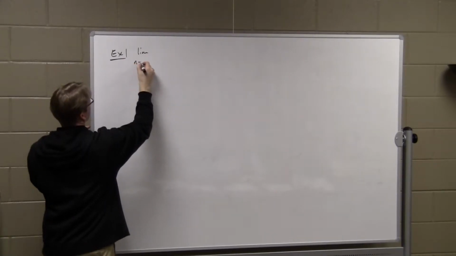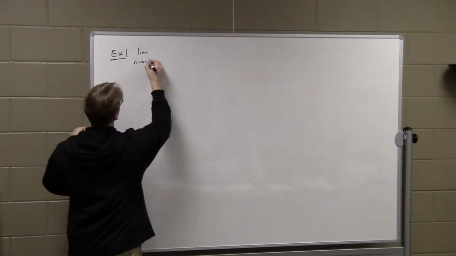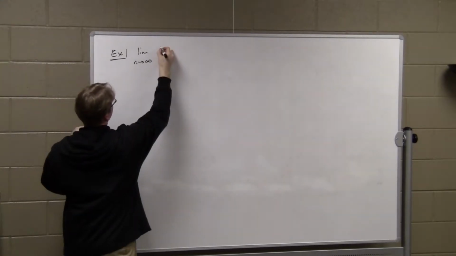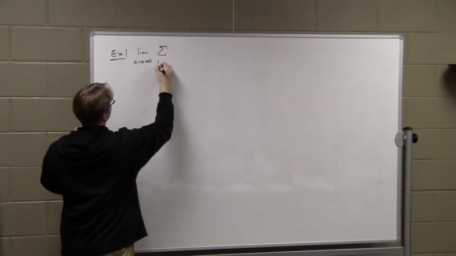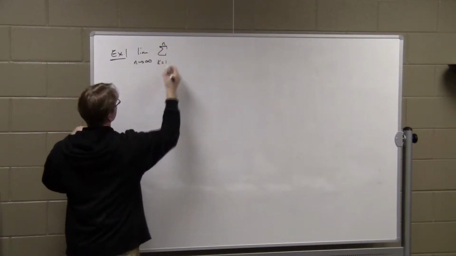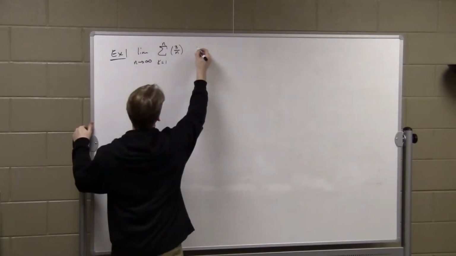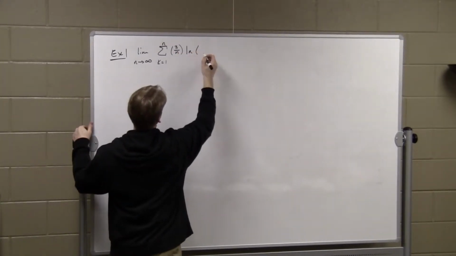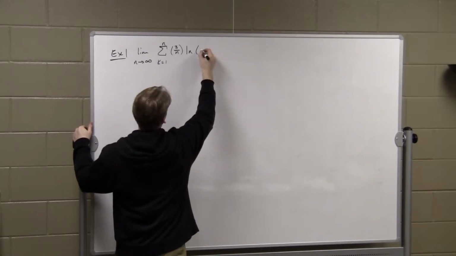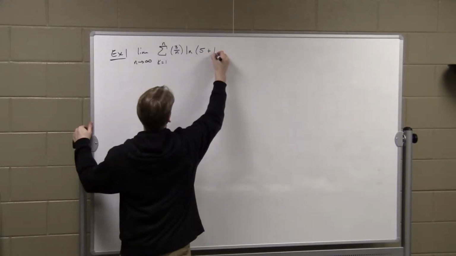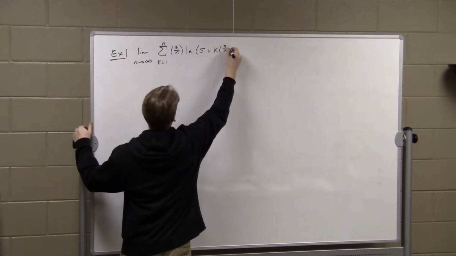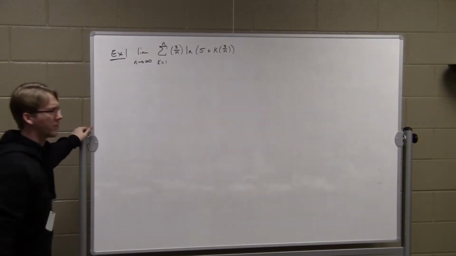Limit as n approaches infinity of the summation, I like my k's, k goes from 1 to n of 3 over n times the natural log of, let's say, 1 plus k times 3 over n. Okay, let's start simple.